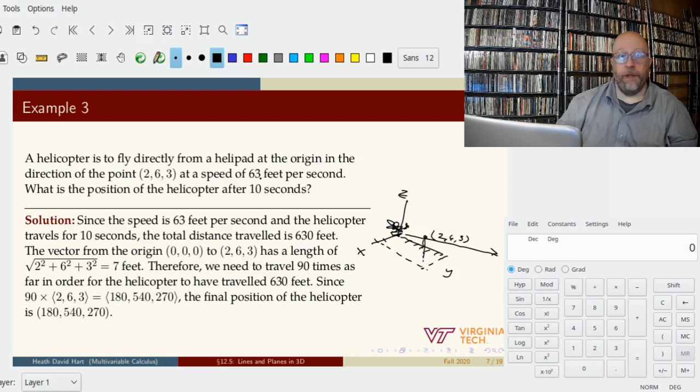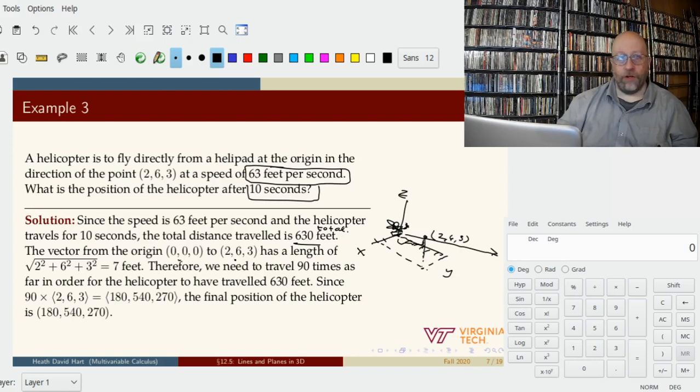Okay. So the first calculation is easy. Since we traveled at 63 feet per second for 10 seconds, the total distance is 630 feet. Then we want to know how many feet it is from the origin to this point, (2, 6, 3).